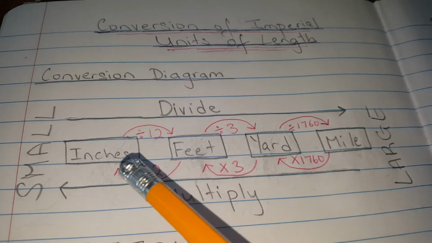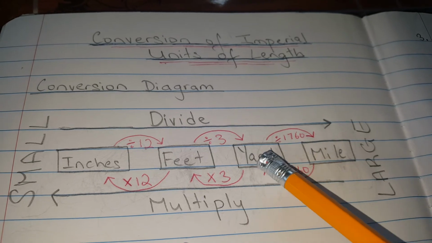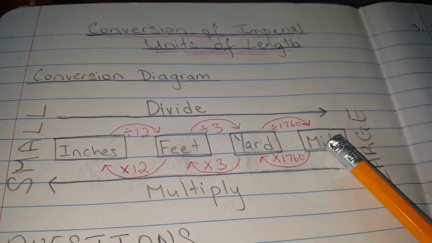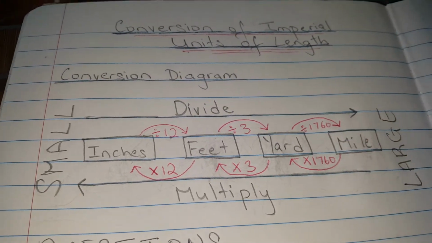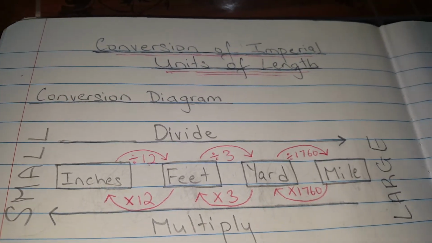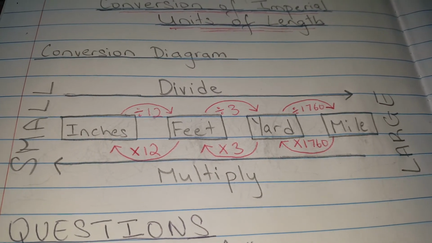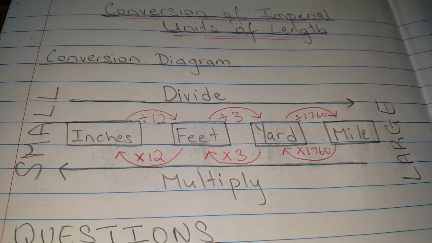Hence why 12 inches make a foot, and 3 feet make a yard, and 1,760 yards make 1 mile. That's how they get these figures. Some amount of testing was done in order to get these figures standardized. That's the main idea behind that.